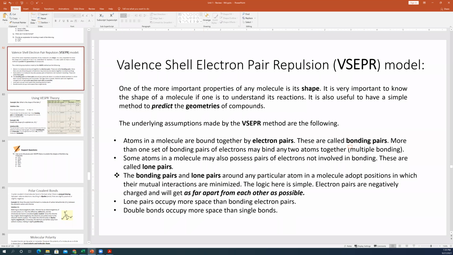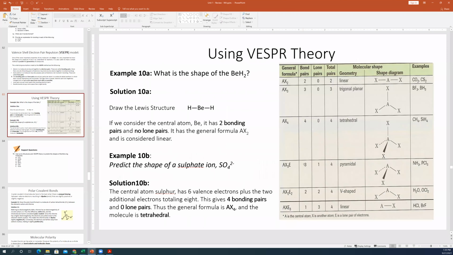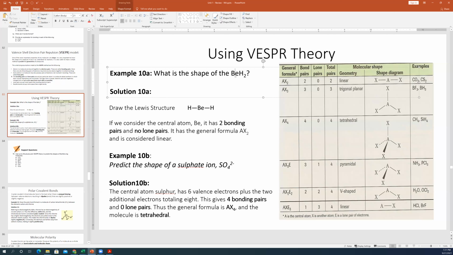Okay, so those were some of the assumptions about the VSEPR model. Now let's look at an example. If we were asked, what's the shape of beryllium hydride? You would start by drawing the Lewis structure, and the Lewis structure will show that the hydrogen has one electron, and it will be bound to one electron from beryllium by a single bond.